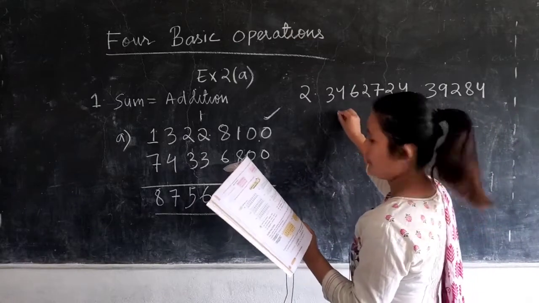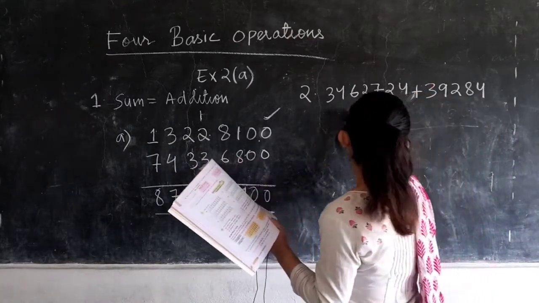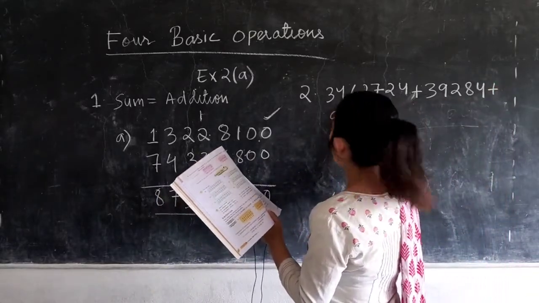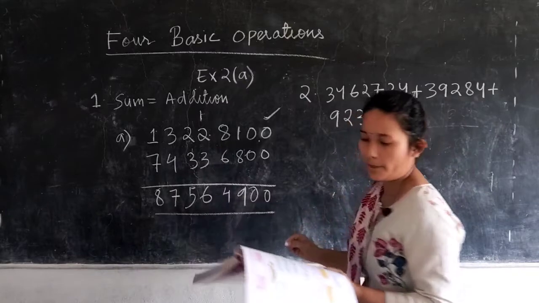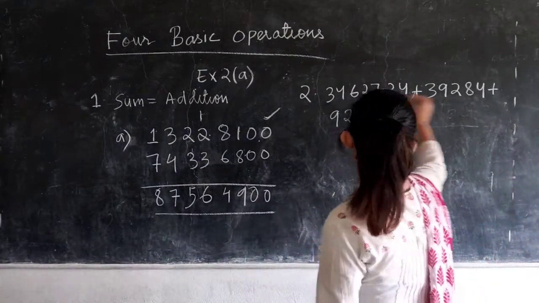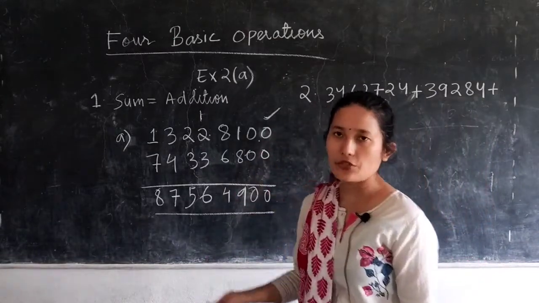Then you have 9, 2, 3. Okay, now if you are given 3 sets of numbers, arrange them like this because it will be easy for you to calculate.